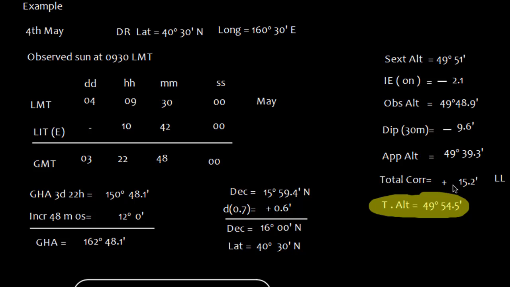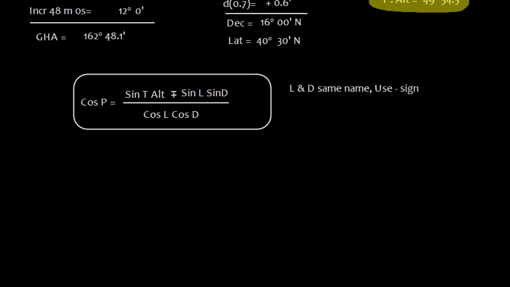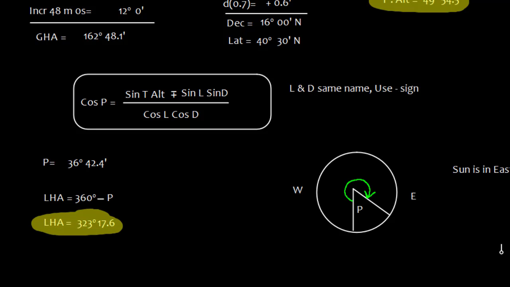Now with lower limb we got to add correction and we need to see the required table, so we find true altitude as 49 degree 54.5. It is just a matter of practice. You need to practice so that you are able to find the value. Now we apply everything and we obtain value of P, which is 36 degree 42.4 minute.